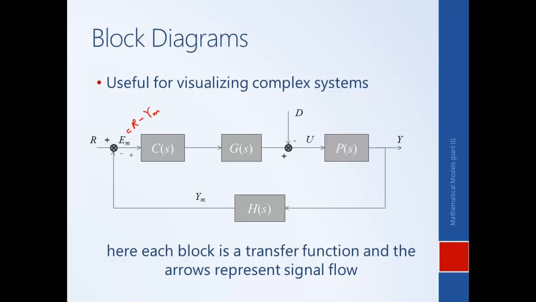That's what this summing junction represents. Also, we have this branching point, and anywhere that a line is branched off, the signal is unchanged. So the output of the whole block diagram is y, and where we branch it off, this signal is also y. We will come back to block diagrams later in the semester.